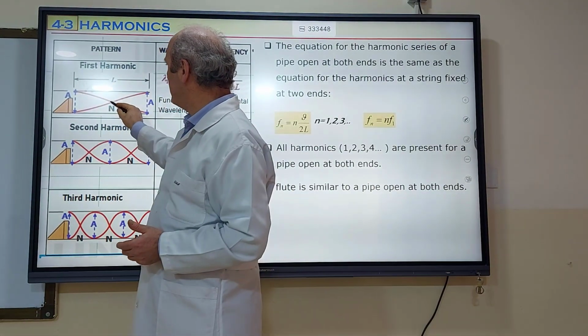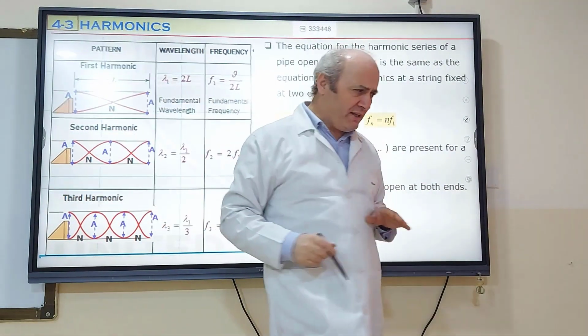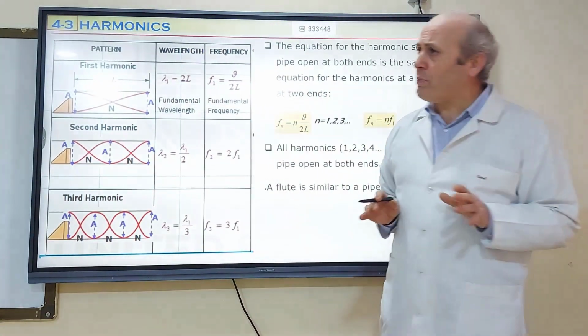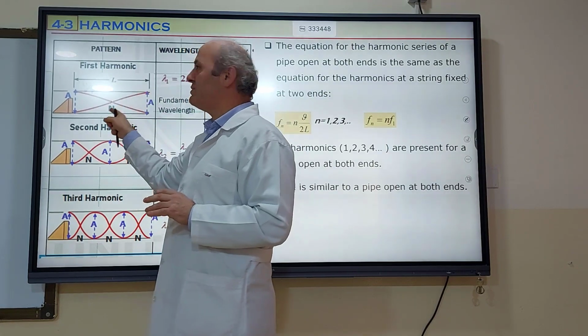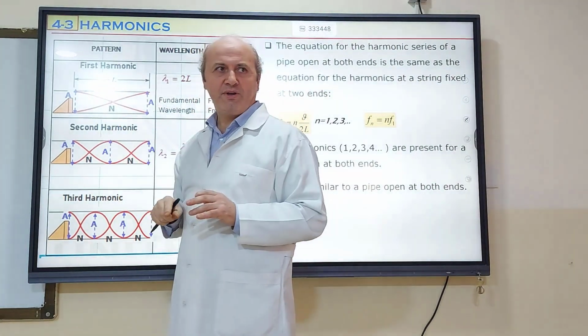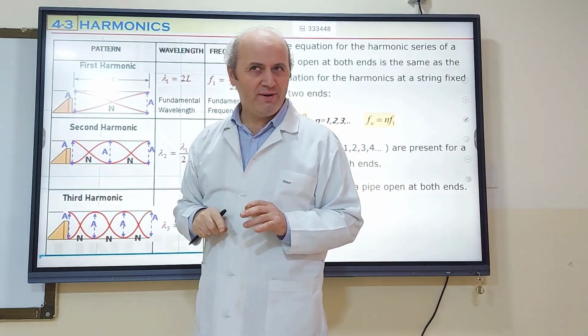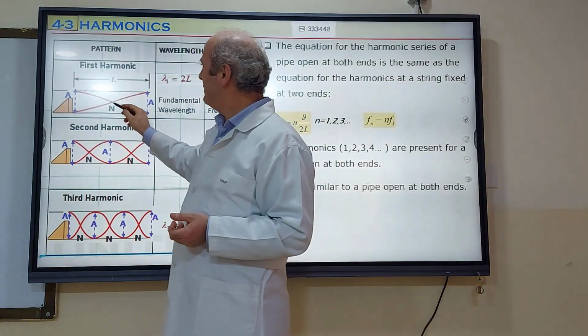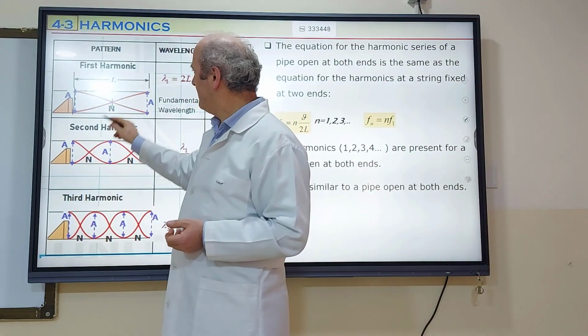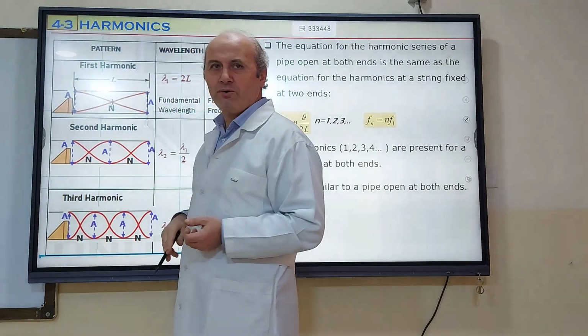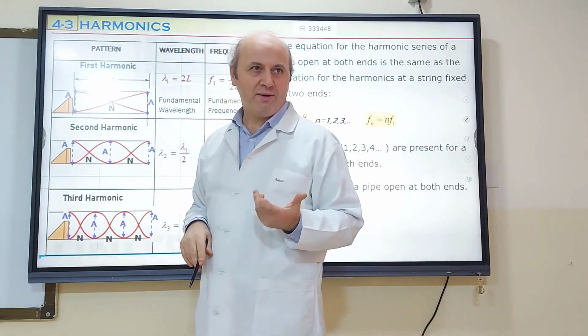So in a pipe open at both ends, the first harmonic has two antinodes, one node. It's still one lobe. How one lobe? This is half on the left, another half on the right. Together it makes one lobe.